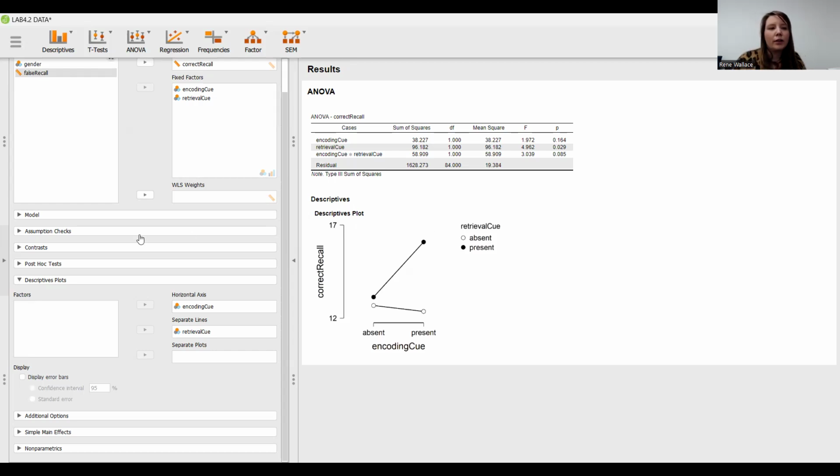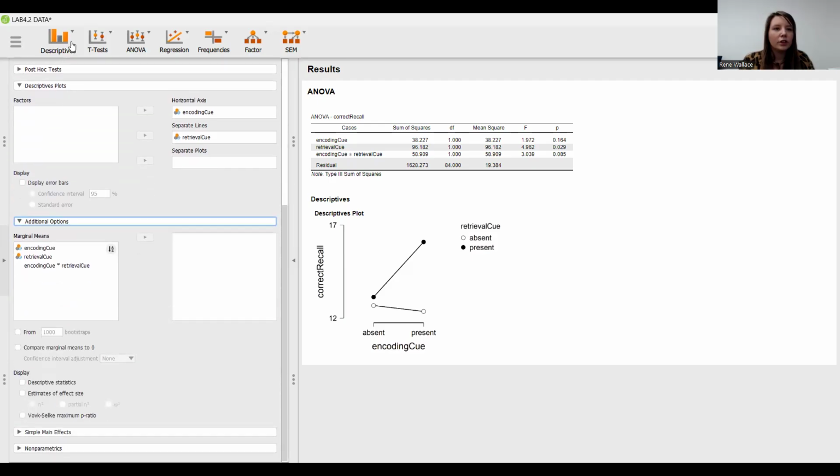And then remember for your means, you can find the descriptive statistics. I find it over here. I think I'll just click up here, descriptive statistics.